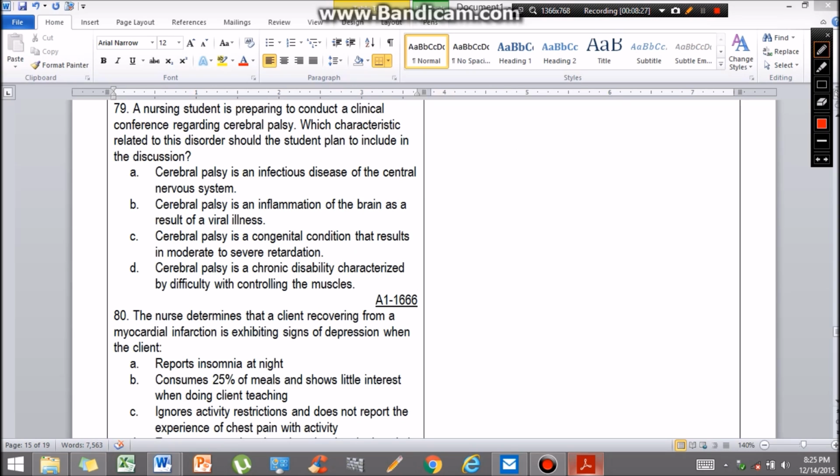A nursing student is preparing to conduct a clinical conference regarding cerebral palsy. Which characteristic related to this disorder should the student plan to include in the discussion? A. Cerebral palsy is an infectious disease? No. B. Cerebral palsy is an inflammation? No. Between C and D, remember that this client has normal IQ.